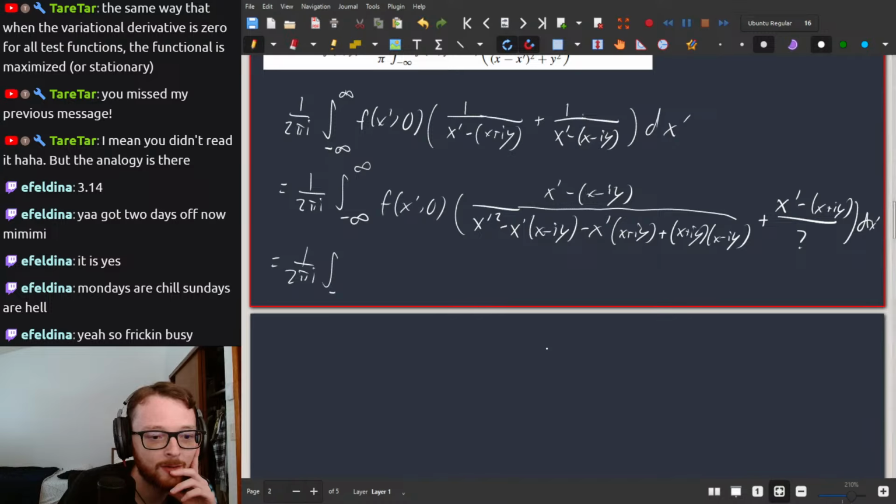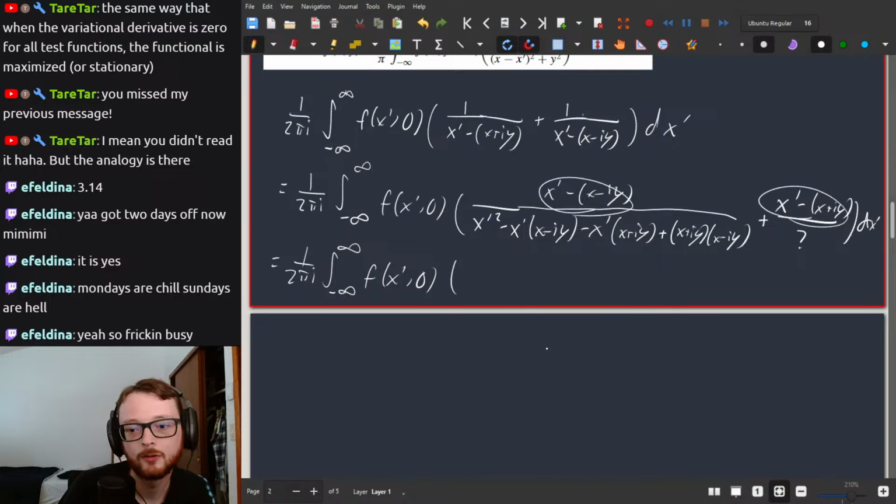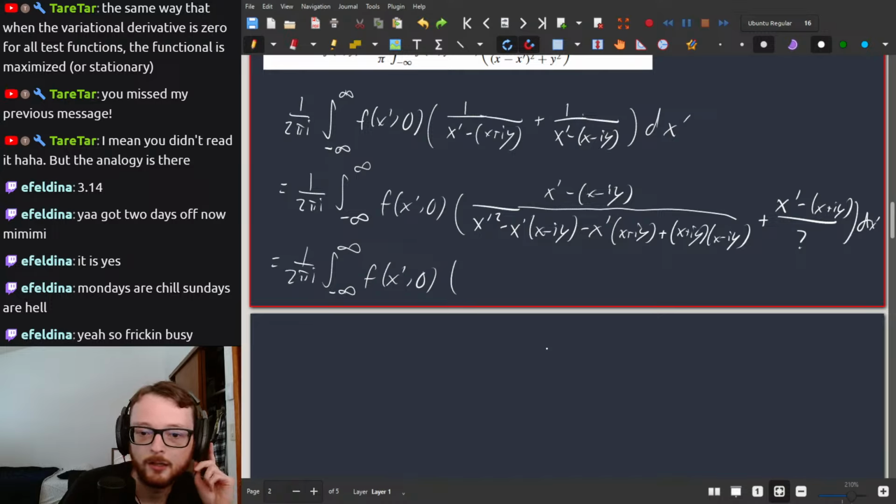Why say many words when few words do trick? Okay, so the numerators: 2x prime minus 2x, and the iy's cancel? Yep, they sure do.